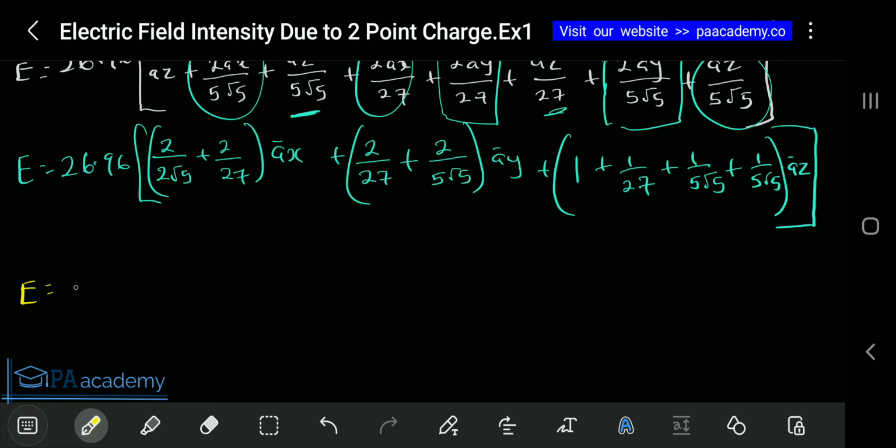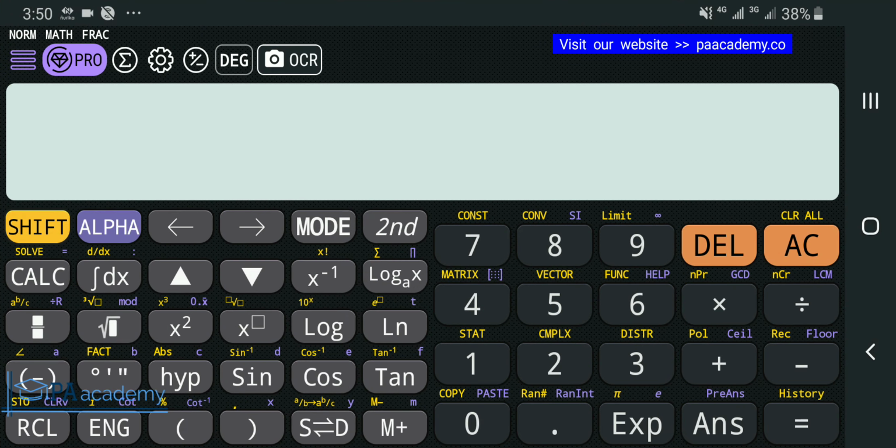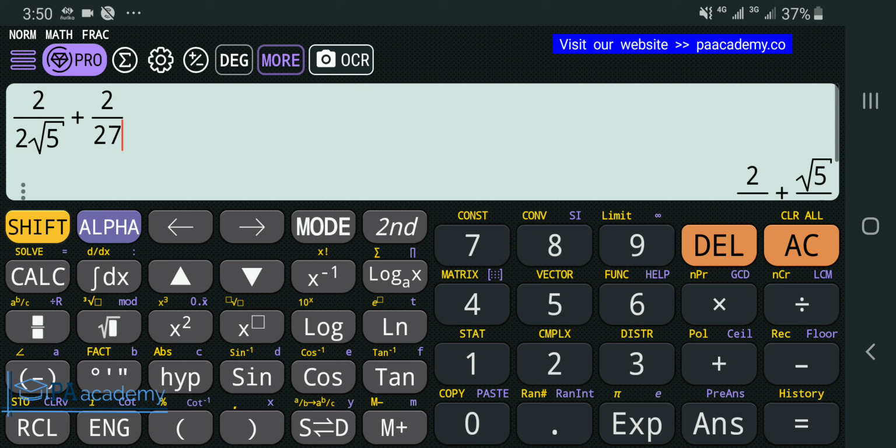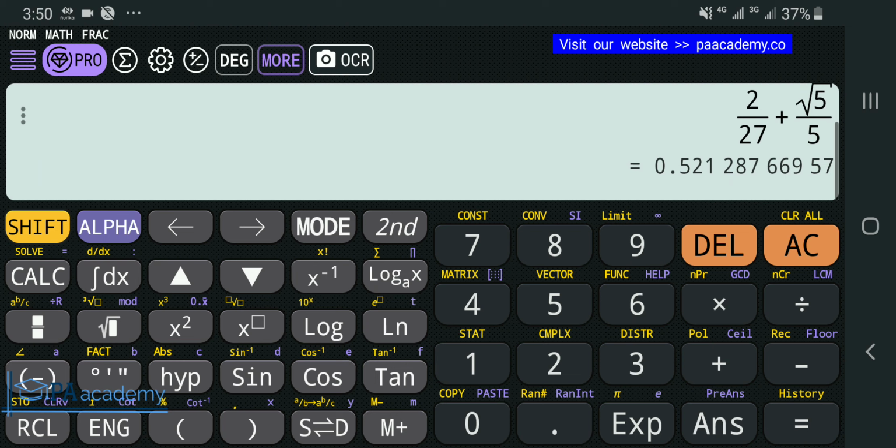Next, our E, 26.96. Now let's calculate each of these things we have in brackets. I'll open my calculator and calculate 2 over 5 root 5 plus 2 over 27.